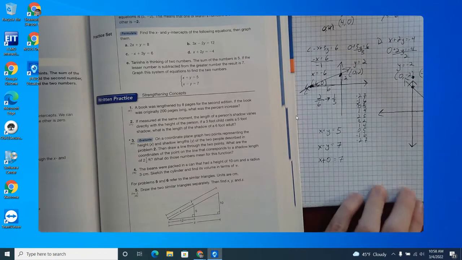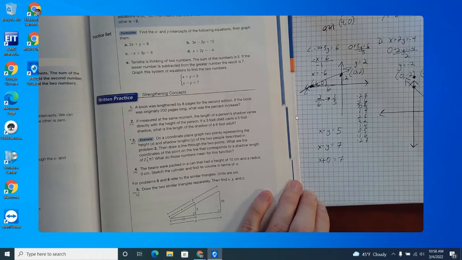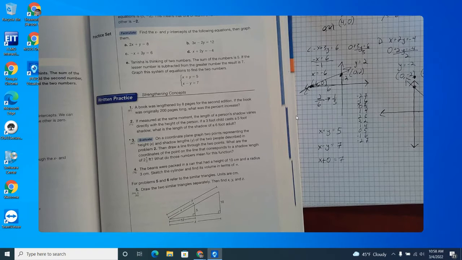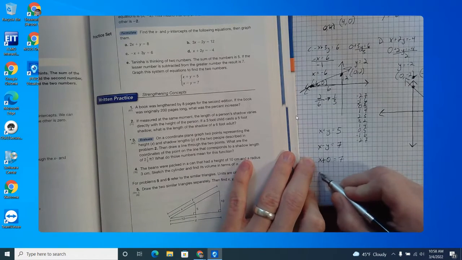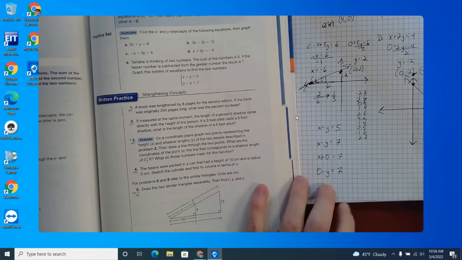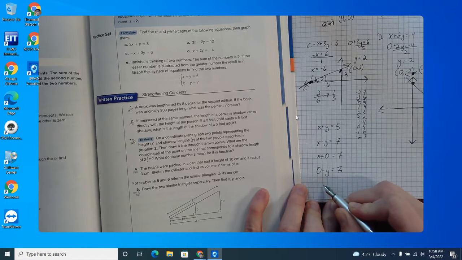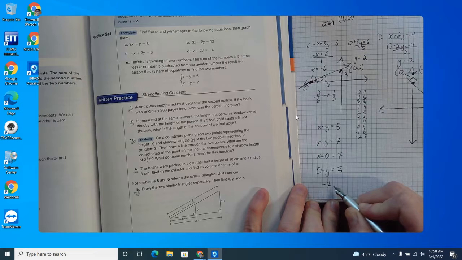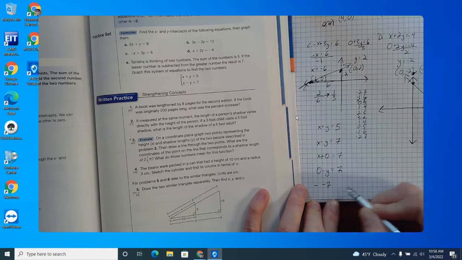Oh, that's not true. If x is 0, if it said negative y equals 7, then the only option that y could be here would have to be negative 7. Okay? So minus negative 7 is going to equal a positive 7.